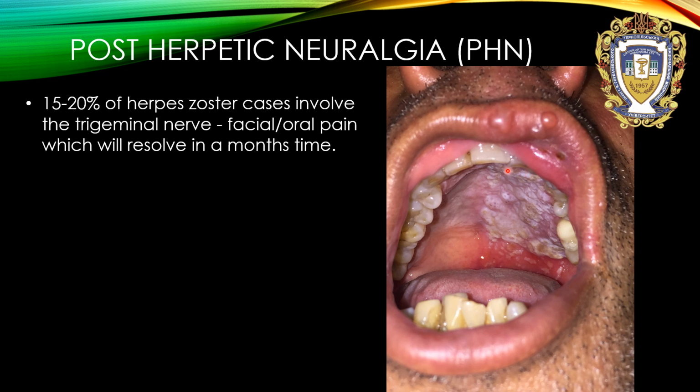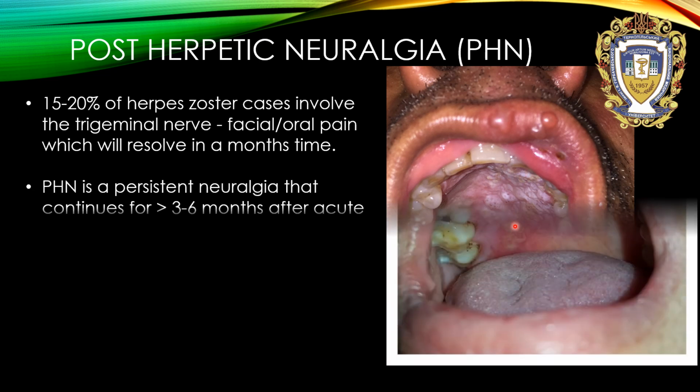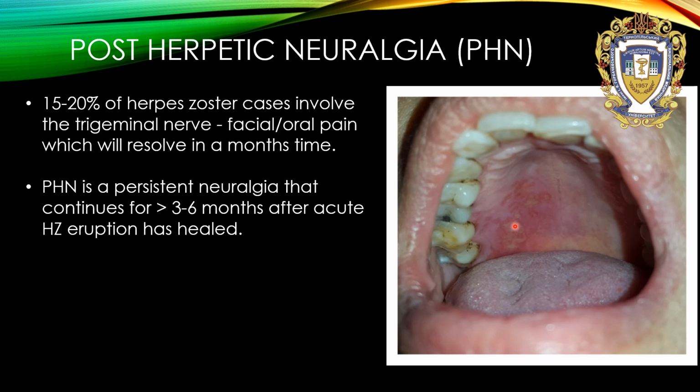You can see intraoral signs of herpes zoster. Postherpetic neuralgia is a persistent neuralgia that continues for more than 3-6 months after the acute herpes zoster eruption has healed.